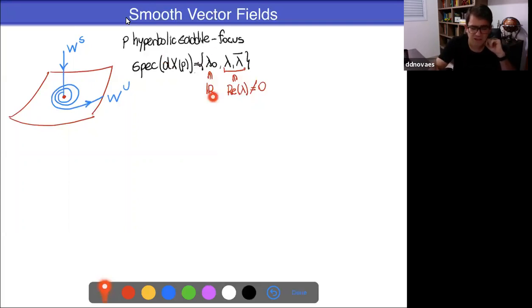One of them is a real one, and the other two are complex conjugated eigenvalues with real part distinct from zero and with sign distinct from the sign of the real eigenvalue.